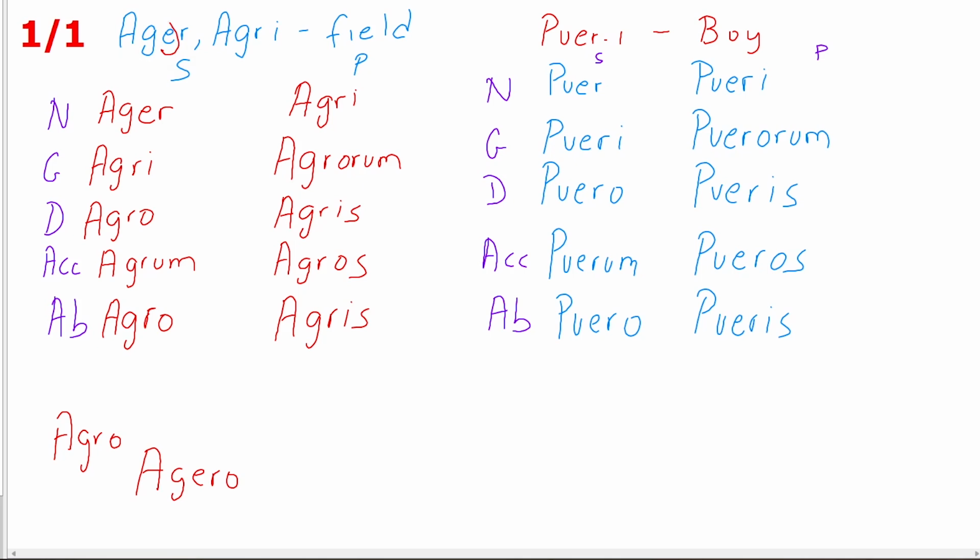We see here this E is dropped from the genitive onwards. So only in the nominative singular you will find the E, then the E is dropped and the endings are consistent. So these are the variations that you have in the second declension masculine.